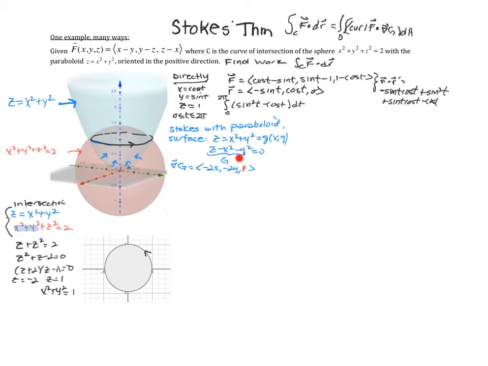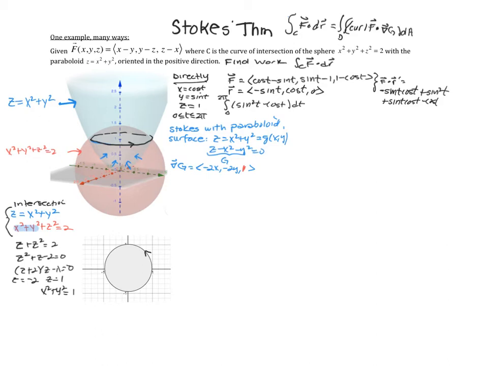Now, something that is not in your book, but just so that you're aware: it doesn't have to be positive orientation. It just has to match. If the curve is positive orientation, you want positive orientation for the surface. If it's going the other way, negative orientation, then you would choose negative orientation.